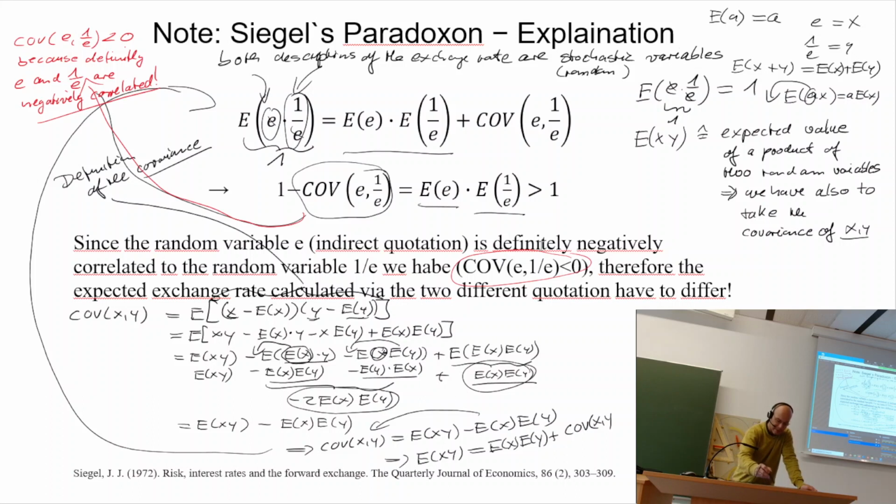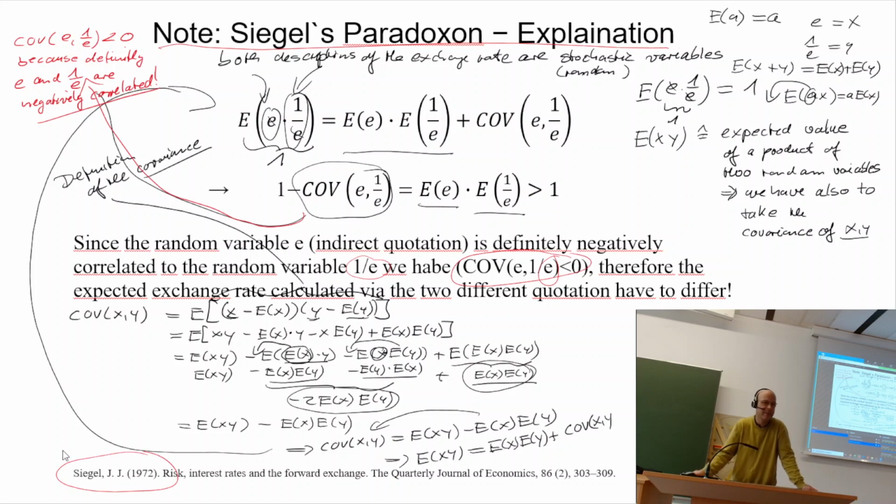We are just looking at the exchange rate, but we have to keep in mind that quantitatively we would have different results. And this, as I told you, is from 1972.